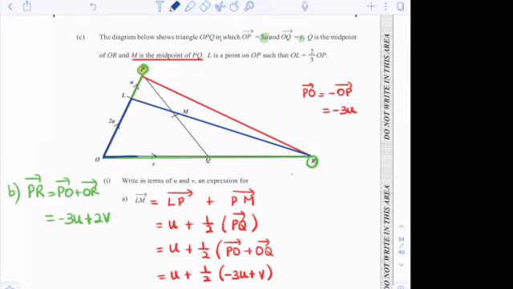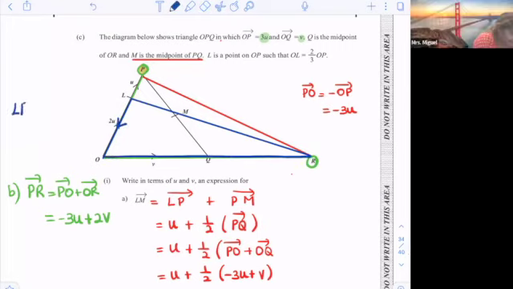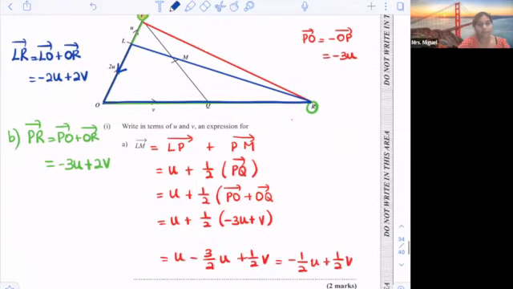Yeah, miss. You see those two vectors, right? So LR is the vector LO plus OR. LO is negative 2u. Why negative? Because we go in the opposite direction. And OR is 2v, plus 2v. So that is LR. So take it down.